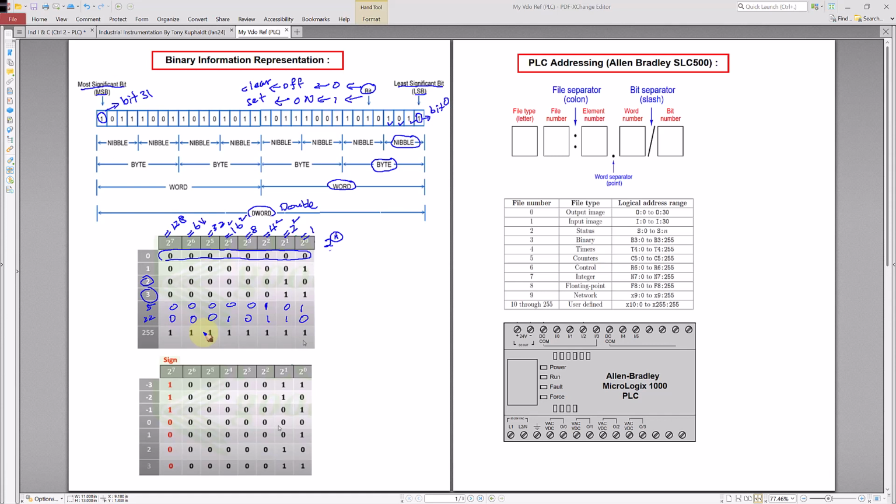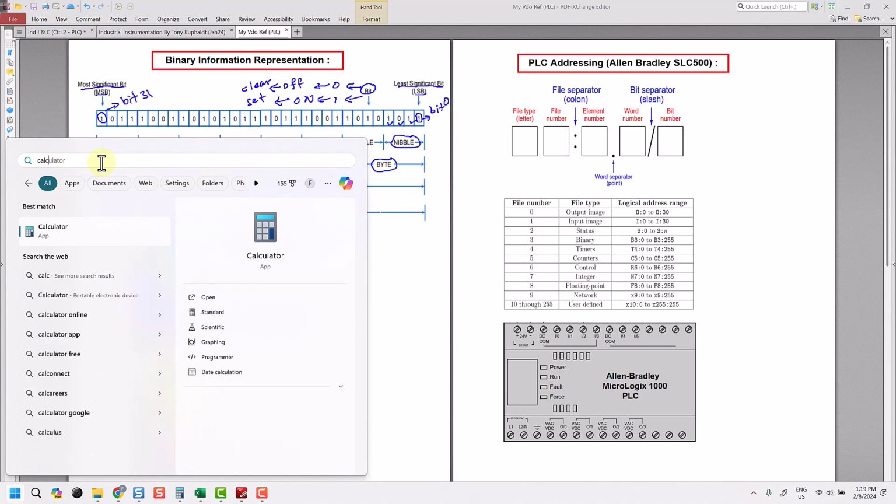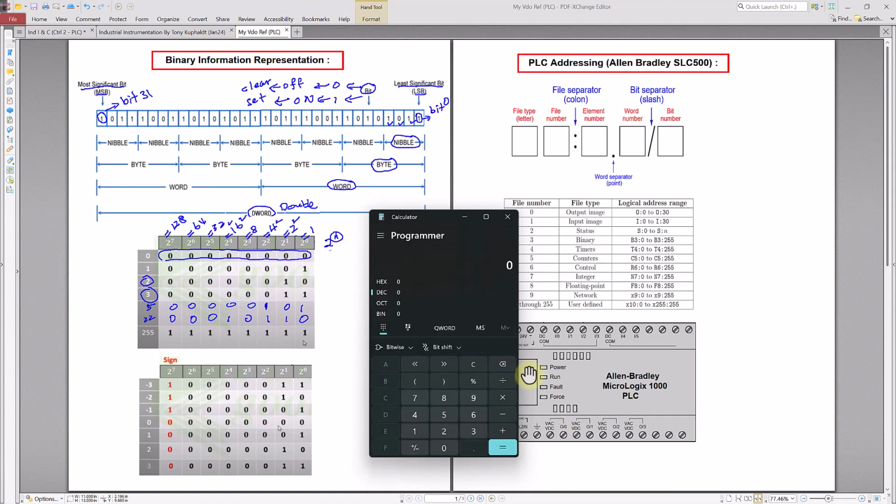If you want to calculate using a calculator, you can do so. Just type calculator in your search bar and open it. Click here and select programmer. For this number 1 1, you first select binary, then you type 1 1, and you get the corresponding decimal value 3. 1 1 is 3.